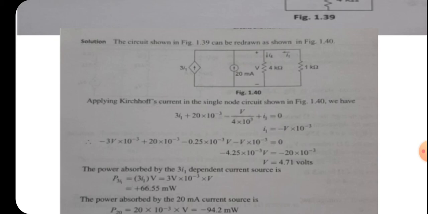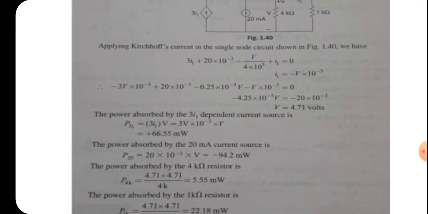We know that the value of I1 is equal to minus V into 10 raised to minus 3. So power in 3I1 is equal to 66.55 milliwatt.